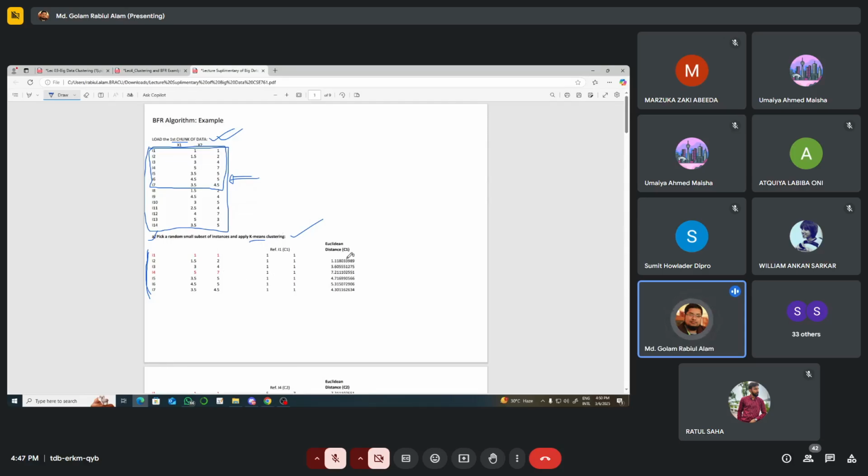That means we need to measure the Euclidean distance. Initially, we have this as the center of cluster 1, and I assume this is the center of cluster 2, and then find the Euclidean distance.